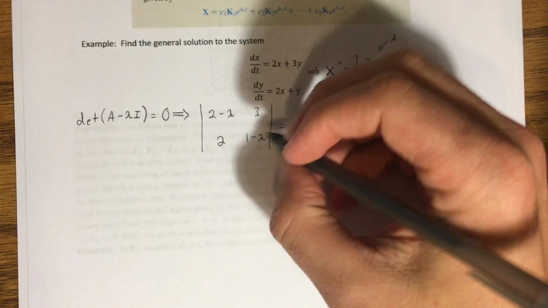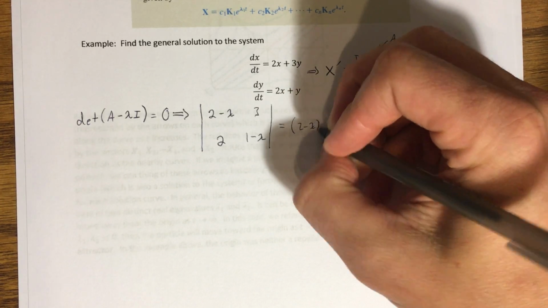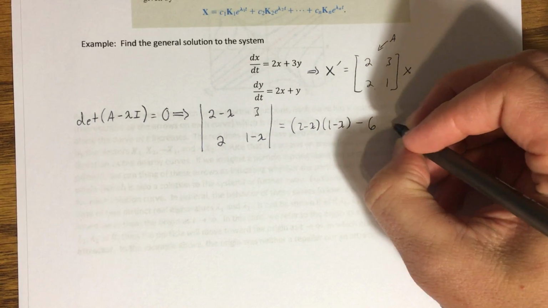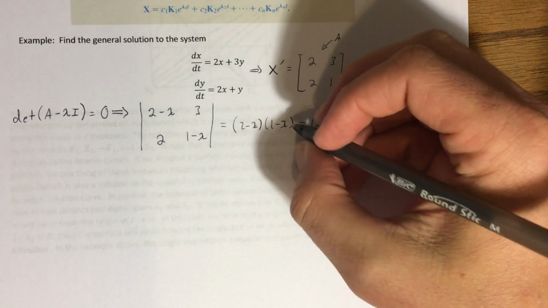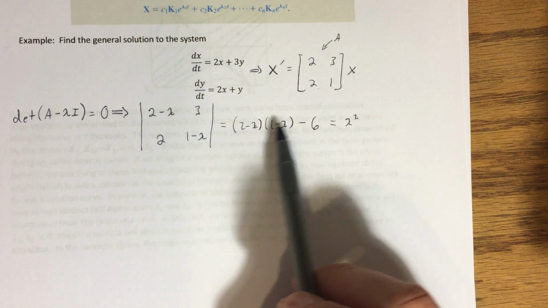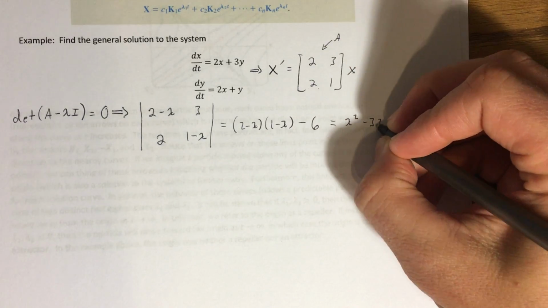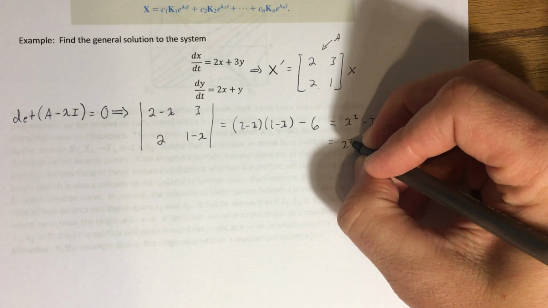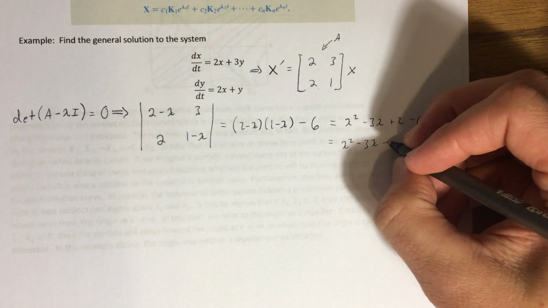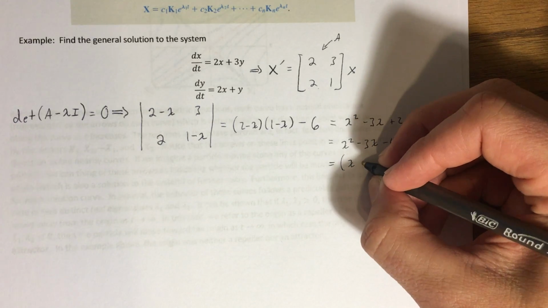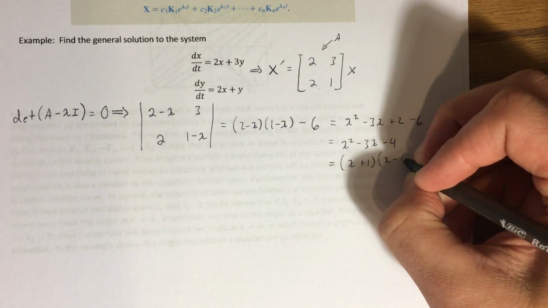So if I evaluate this determinant, that's equal to 2 minus lambda times 1 minus lambda, minus 3 times 2, which is 6. This is equal to lambda squared minus 2 lambda minus 1 lambda, so that's minus 3 lambda, plus 2 minus 6, which equals lambda squared minus 3 lambda minus 4, which equals lambda plus 1 times lambda minus 4.